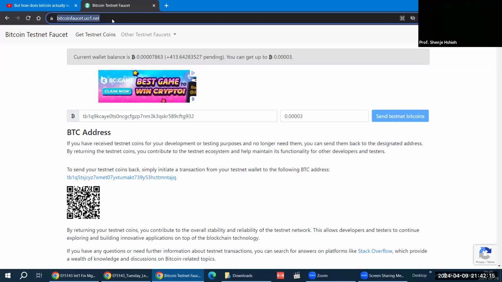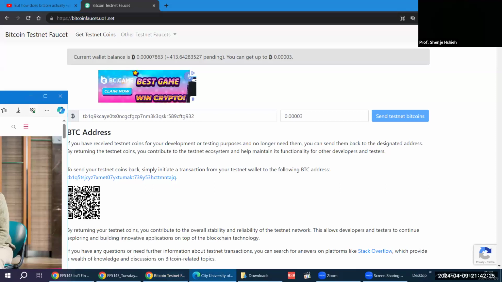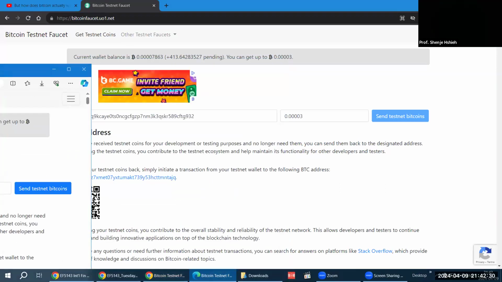Doesn't like it, huh? Let me try a different browser. Okay, it seems like this one's better.